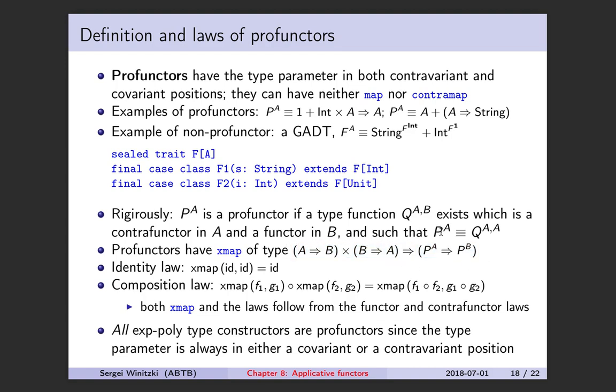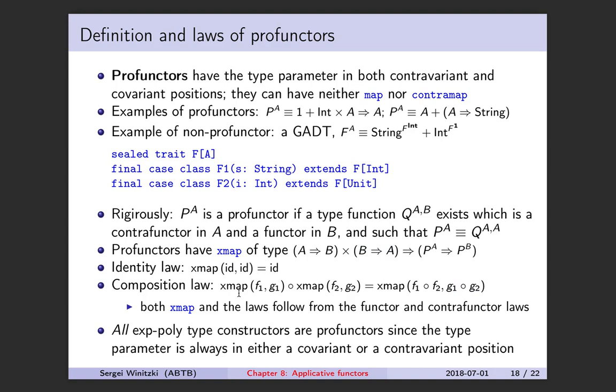This follows from the definition and the laws, identity and composition laws. Oops, there's a mistake. There must be G2 followed by G1, because the composition for the contravariant part is the opposite order. Okay, so I'll fix that in the slide. So this is G2 and G1.